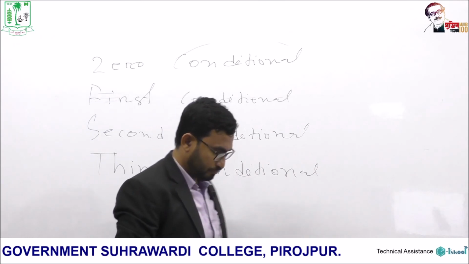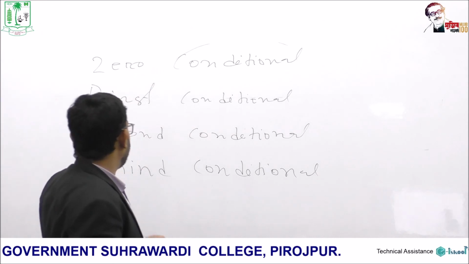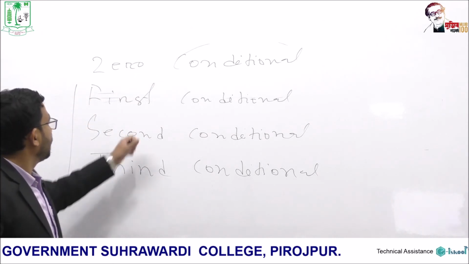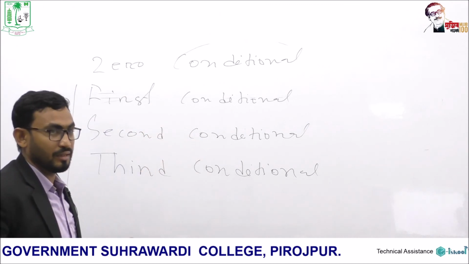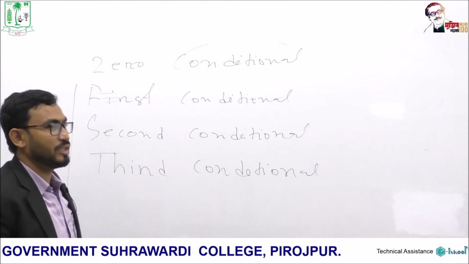I would like to repeat: primarily in traditional books you will find three kinds of conditionals, first, second, and third conditional. But there is one more conditional, called the zero conditional.